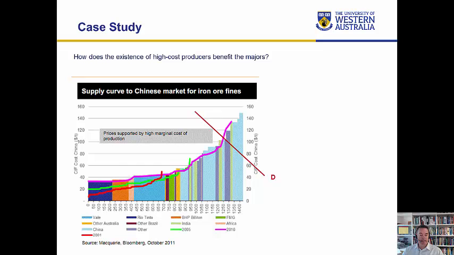So you actually need price to rise to cover the rising production costs of these marginal high-cost producers. If the price wasn't up here at around about $108 a tonne, then we wouldn't actually be in a situation where supply was high enough to match demand.